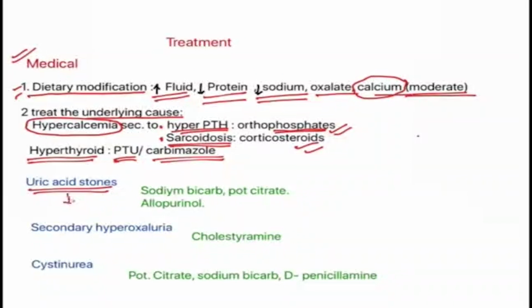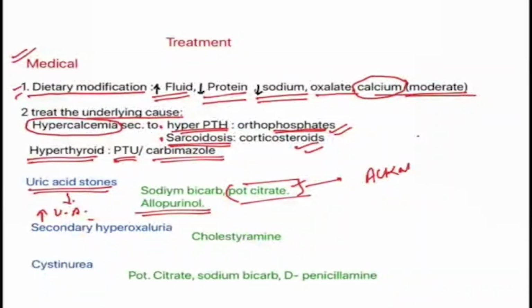Uric acid stones, which are because of increased uric acid formation due to cytotoxic drugs and myeloproliferative disorder, are treated with allopurinol and potassium citrate, which causes alkalinization of urine, because uric acid is acidic, so we need to alkalinize the urine.